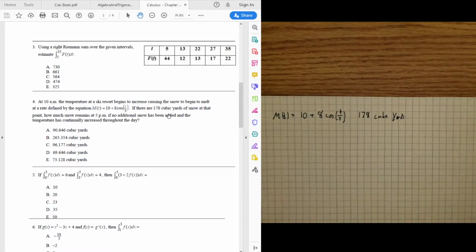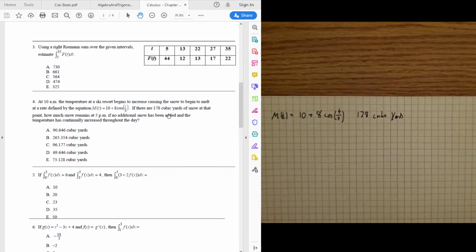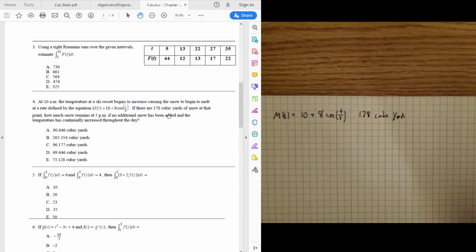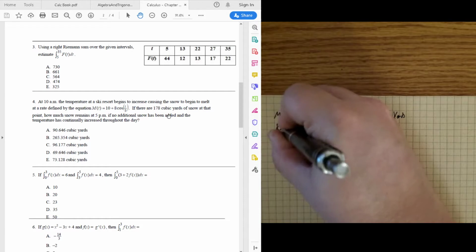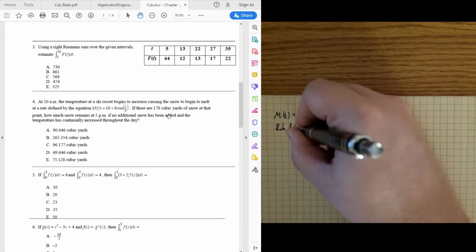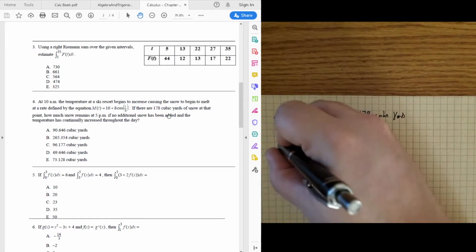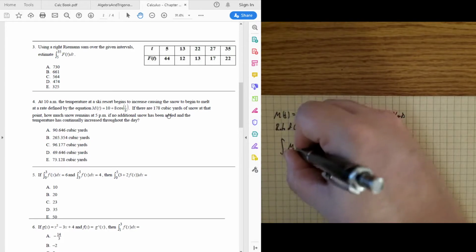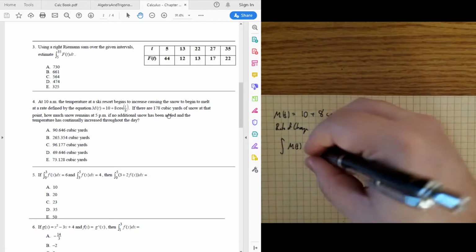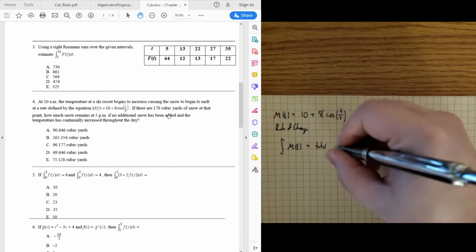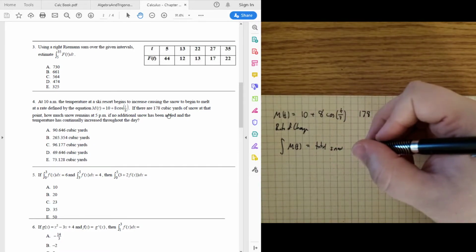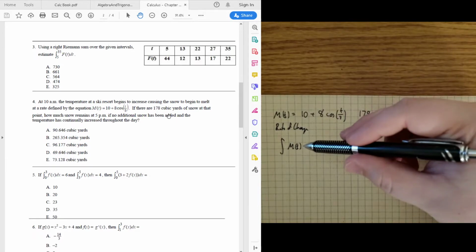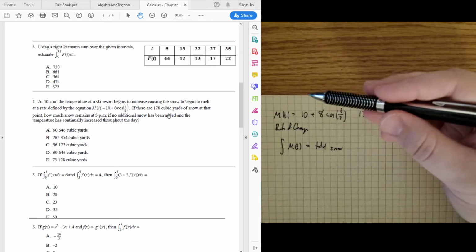Okay, so a couple things to point out here. Number 1, we are given the rate of change. If we integrate the rate of change, we will determine the total snow, or the total cubic yards as referred to in the problem. So, what this problem is saying is to integrate this function.